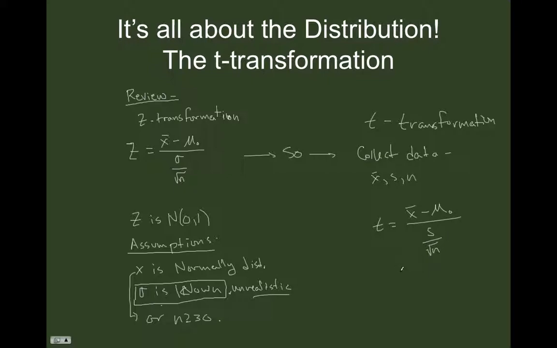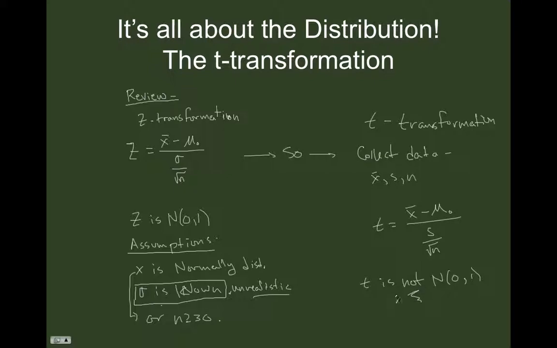Now the problem here is that T is not normally distributed.